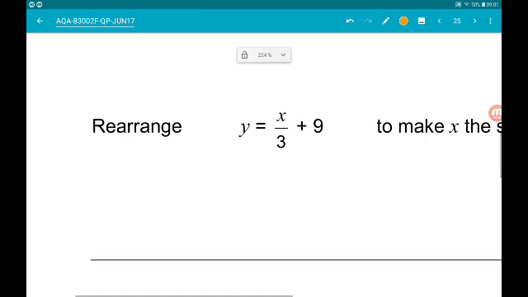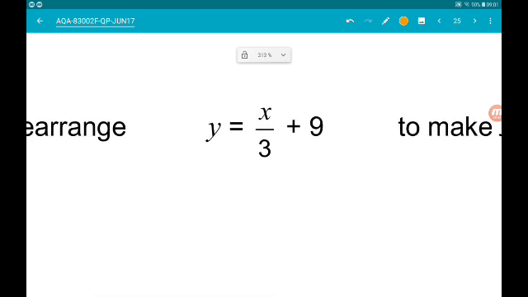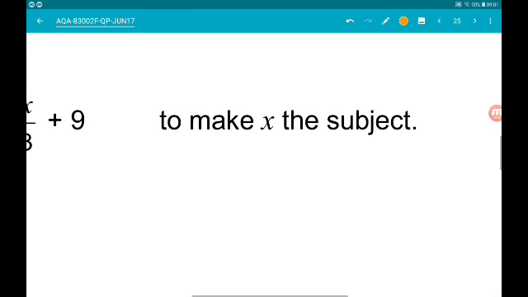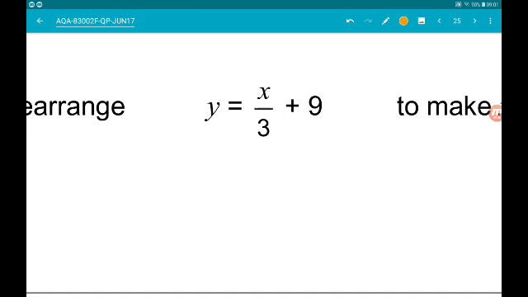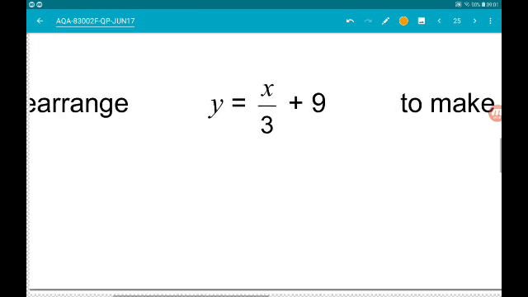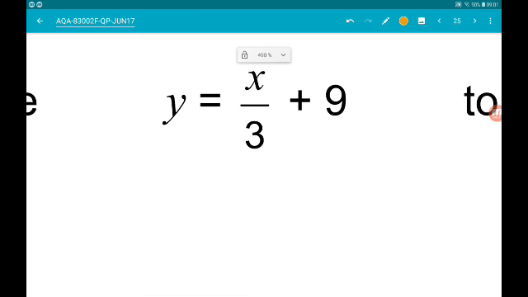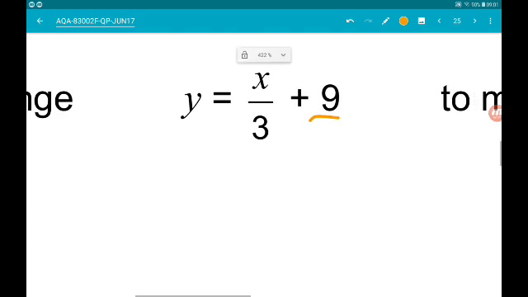28 wants us to rearrange y is x over 3, add 9 to make x the subject. So that means to get x on its own. So first let's move the 9. So to move a plus 9 we subtract 9 from both sides.